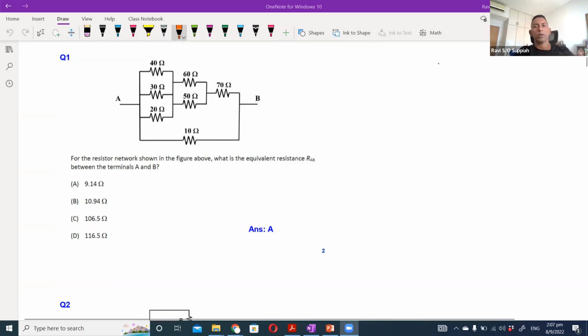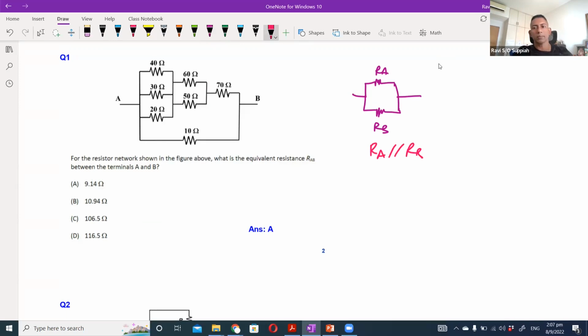So if you recall your parallel resistors, if I have 2 resistors, RA parallel with RB, if we say that RA is smaller than RB, then this total resistance RT will always be smaller than the smallest resistance.